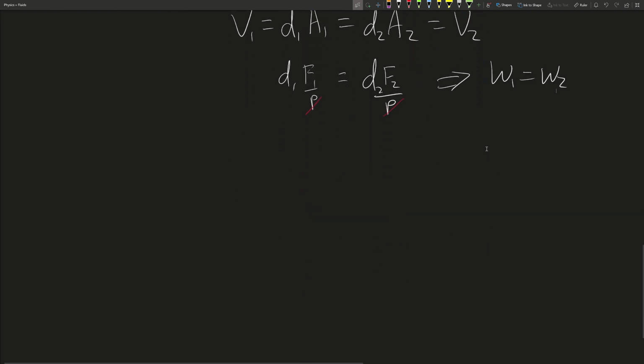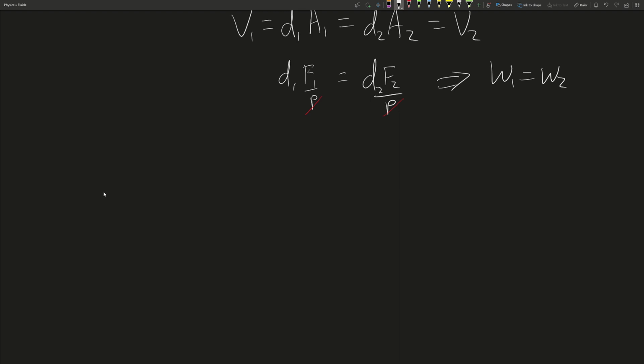Okay. Finally, another important concept based on pressure is buoyancy. And so we know that when we put something in water, the pressure from the water causes a buoyant force that acts upward on the object.